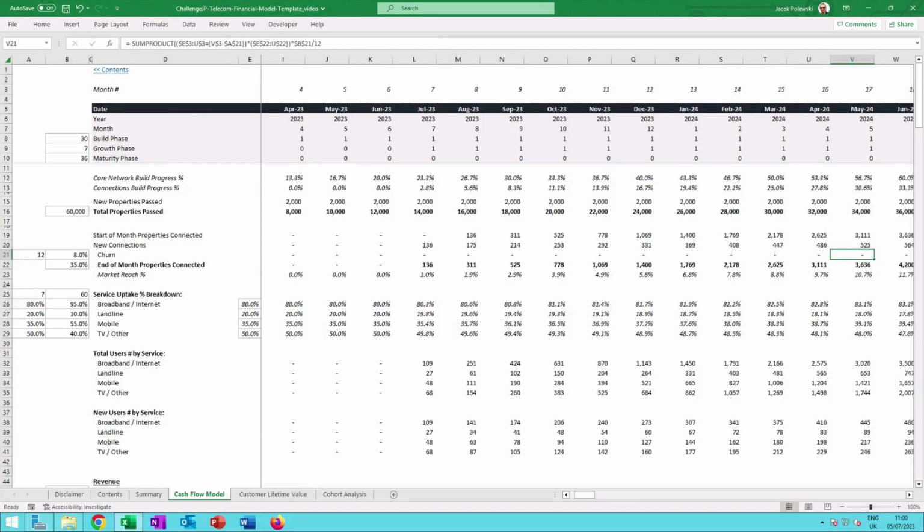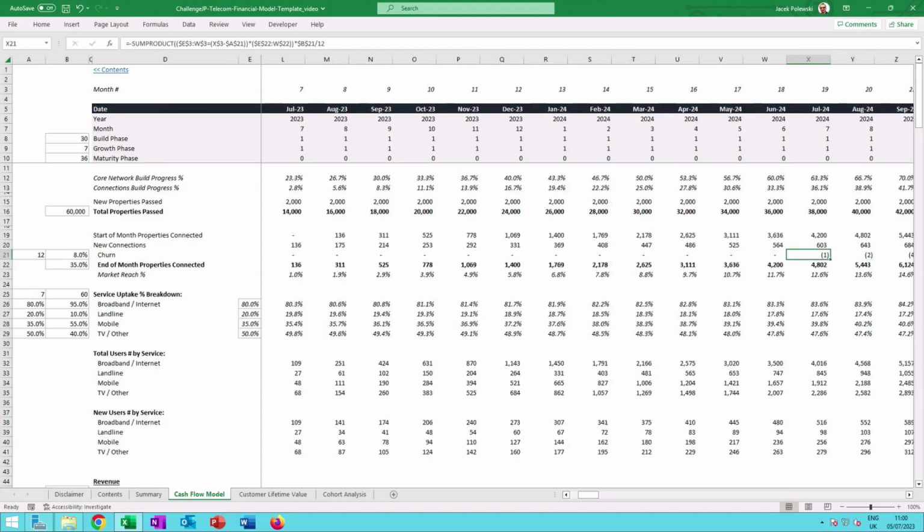Okay, the churn in our case is simply the number of customers that will leave. You will see that I start my churn calculations 12 months after the first property has been connected. You can change that assumption, but basically the model allows you to set the minimum term from your contract. So that assumes that if you, for example, sign your customers for a 12-month contract, they won't be able to leave until a year after they sign up, right?